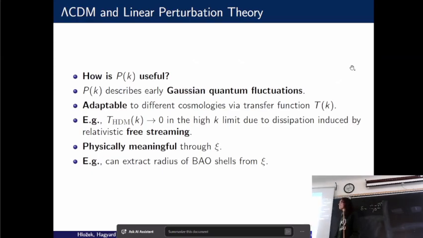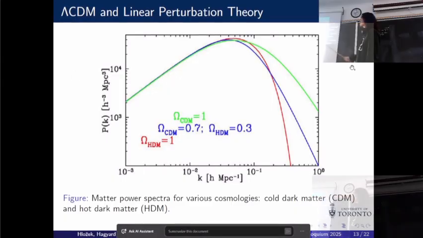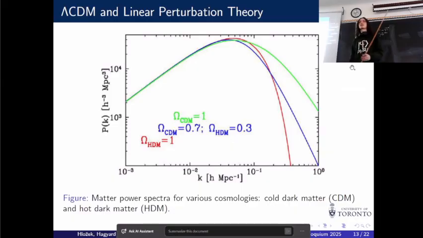And I think that graphically, that's what we see here. You have this cold dark matter power spectrum, and as k approaches 1, you have these dissipations, which can be described by a transfer function that has that behavior. Yeah, please.